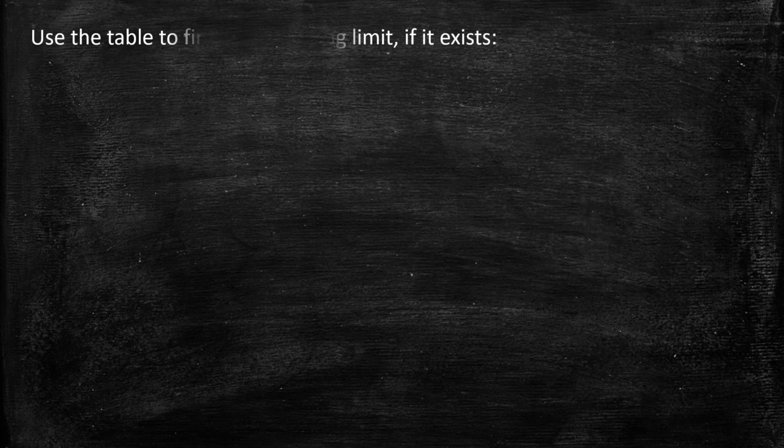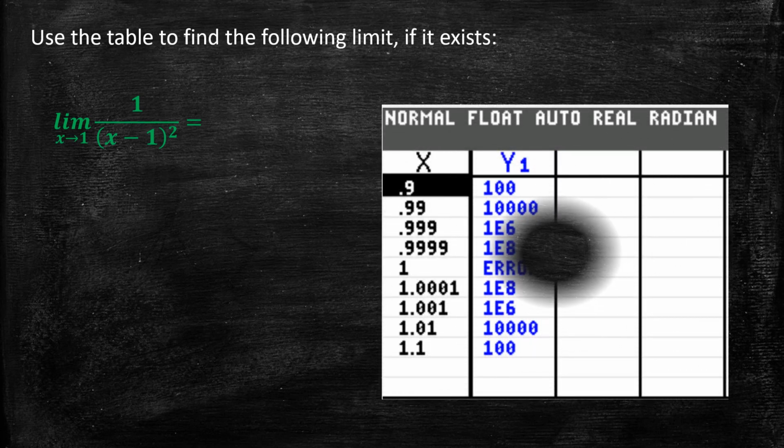So let's start, as always, with an example. Consider this function, 1 over (x minus 1) squared, and from the table, let's see if we can figure out the limit of this as x goes to 1.